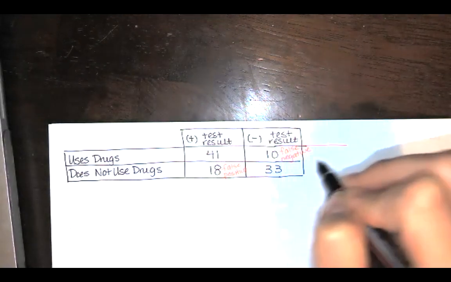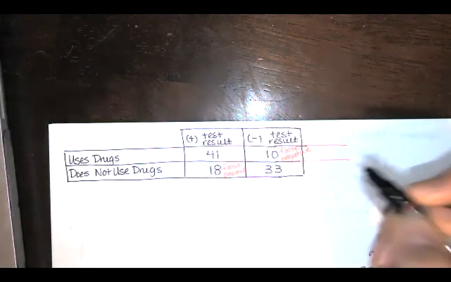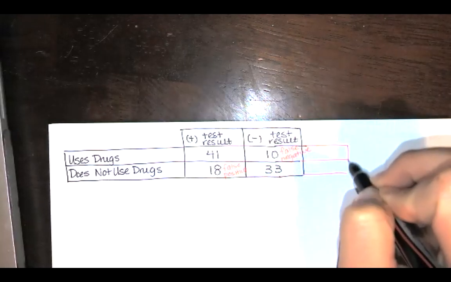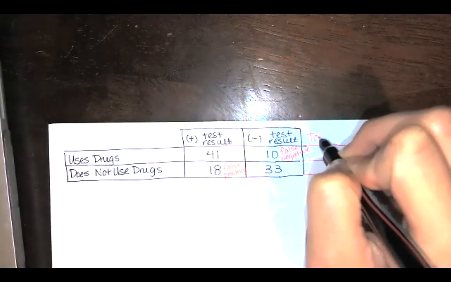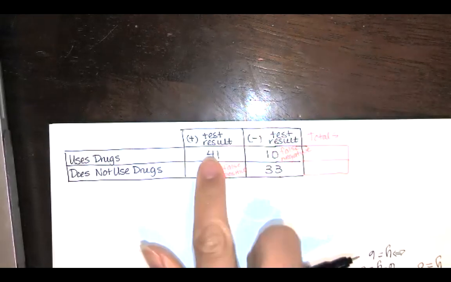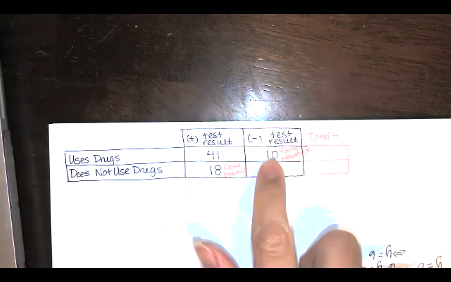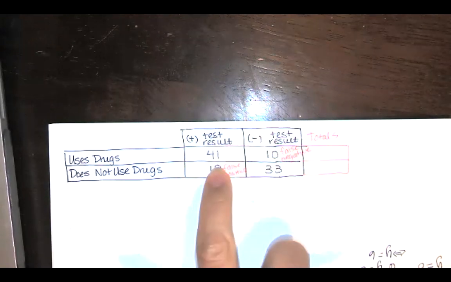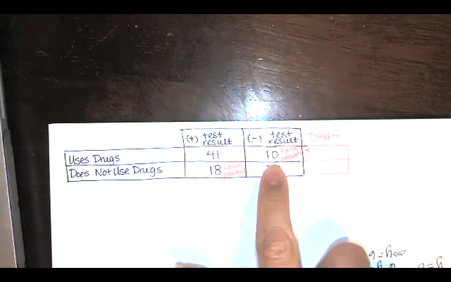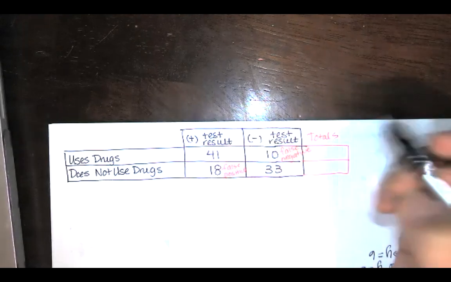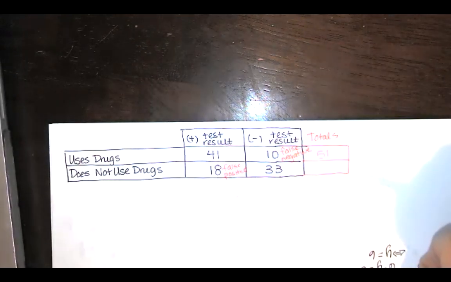So we'll calculate some totals. Whenever you see a 2x2 like this, it's probably a good idea to calculate some totals. We had 41 drug users that got a positive test result, and 10 drug users that got a negative test result. So we had a total of 51 drug users.